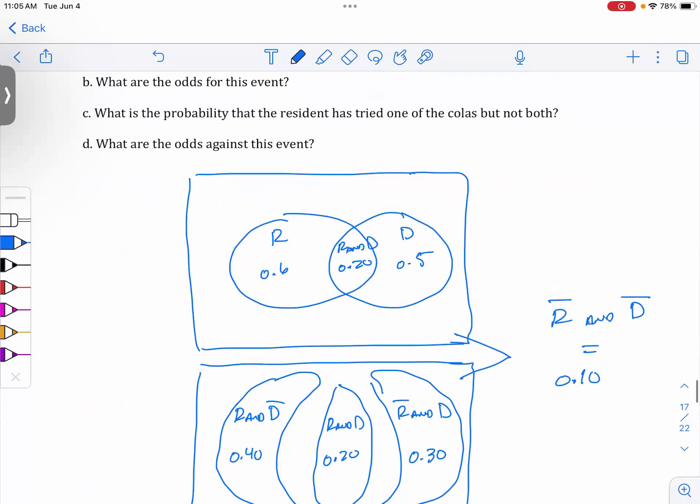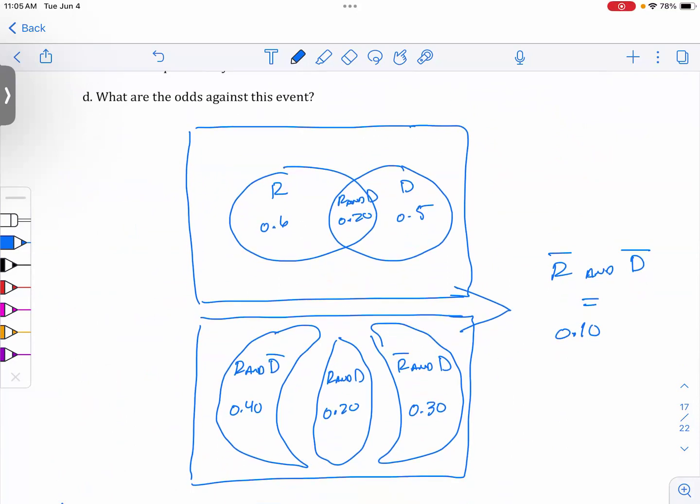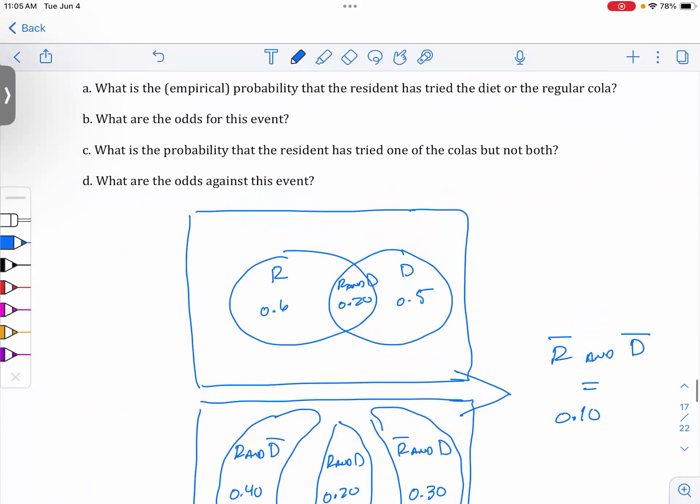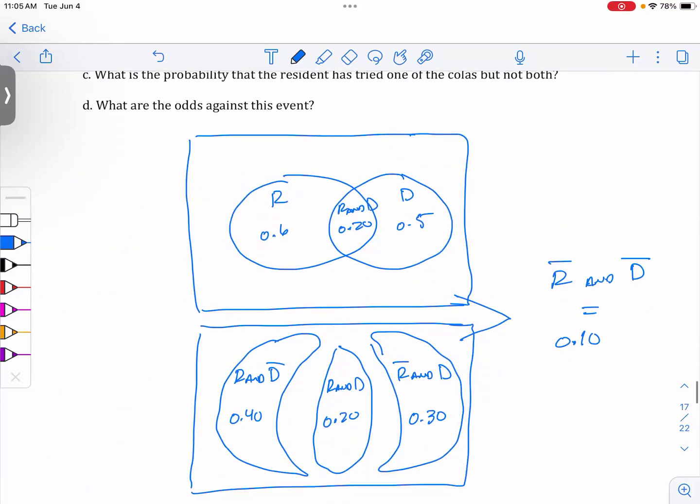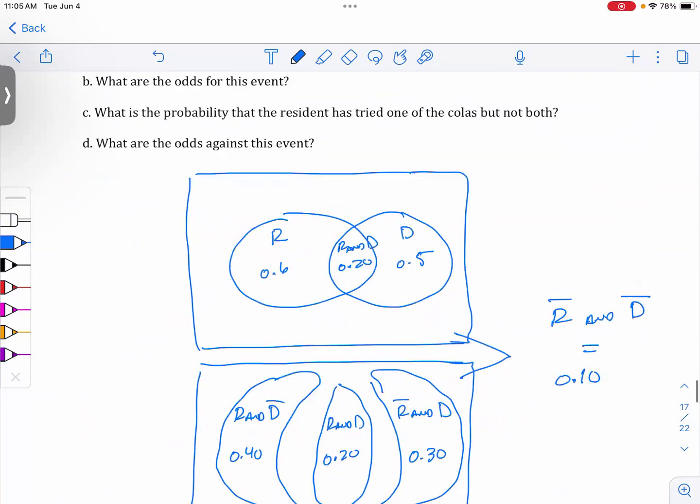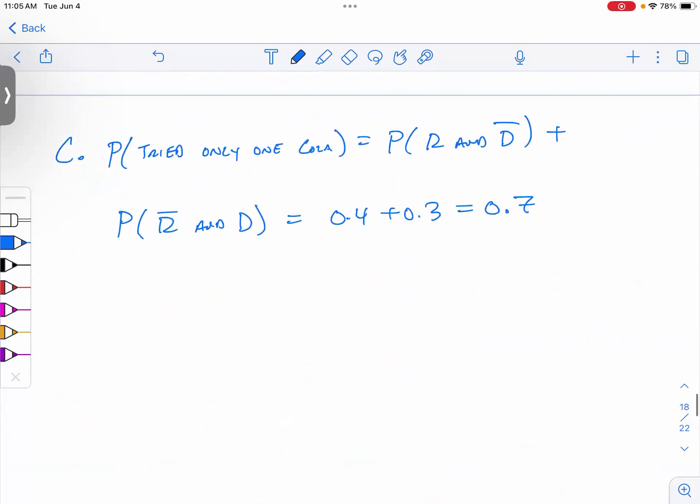That one is important. It was nice I had my picture, but knowing what that was, I had to look specifically for what I was trying to identify. And what are the odds against this event? Again, I'm going to start with odds for.